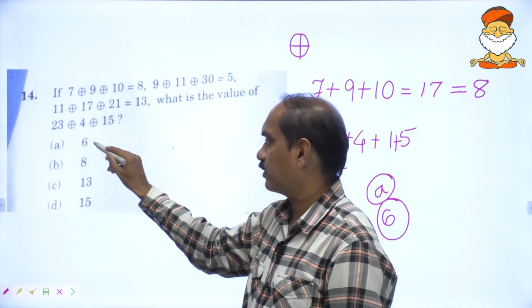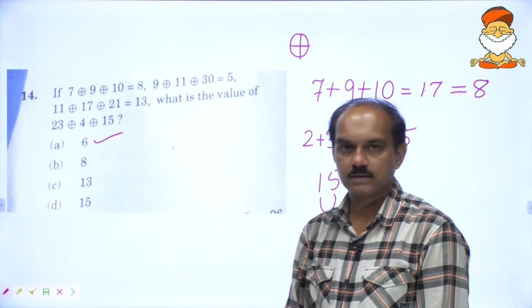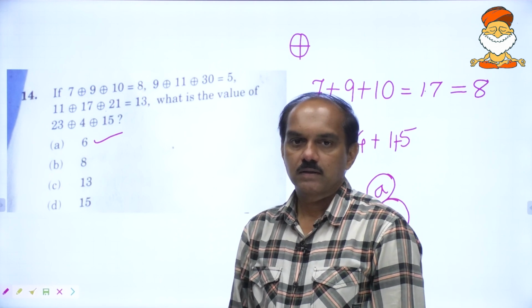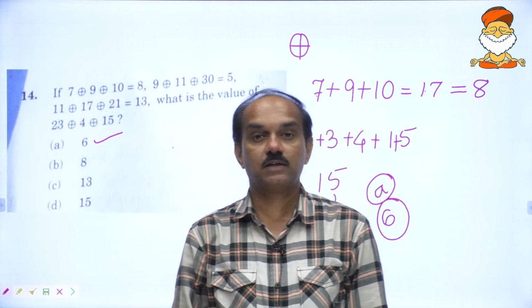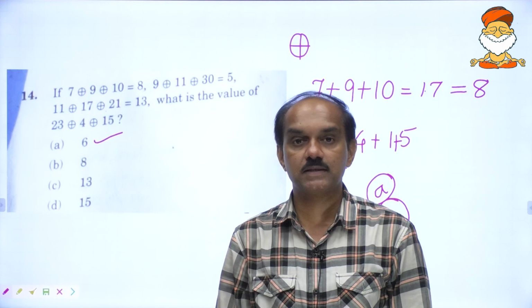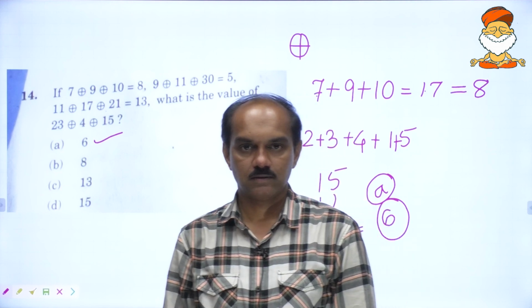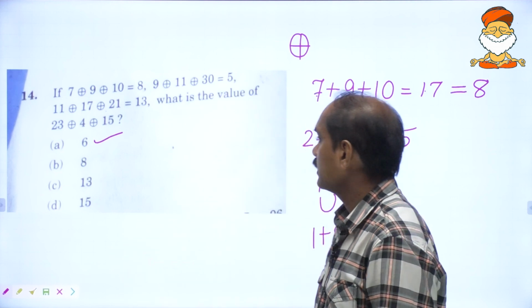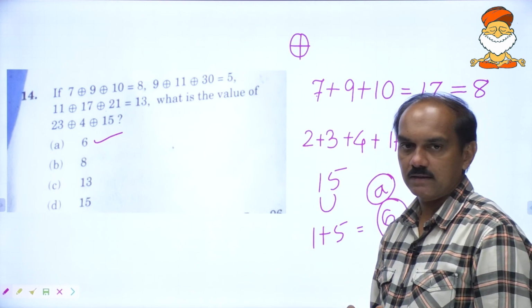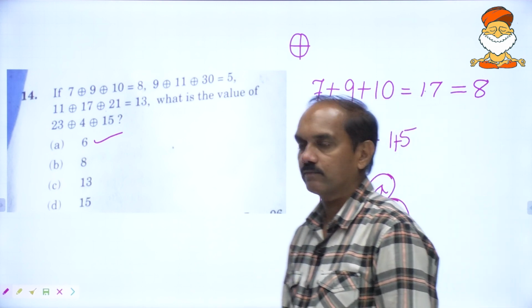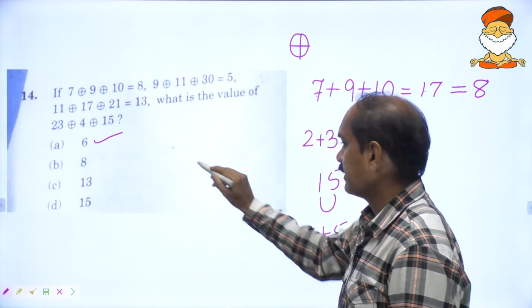The very first option, 6, is the correct answer here. The logic used here is just that he has added all the digits. Just add all the digits and you will get the final answer. That is the trick here.